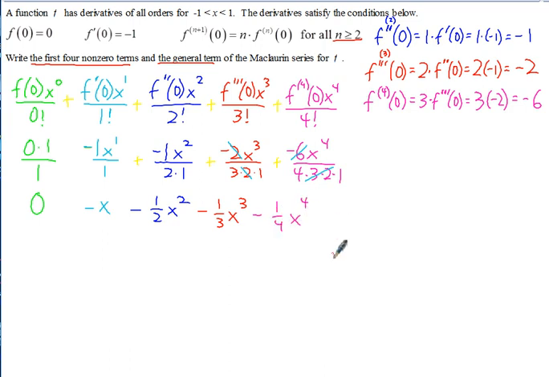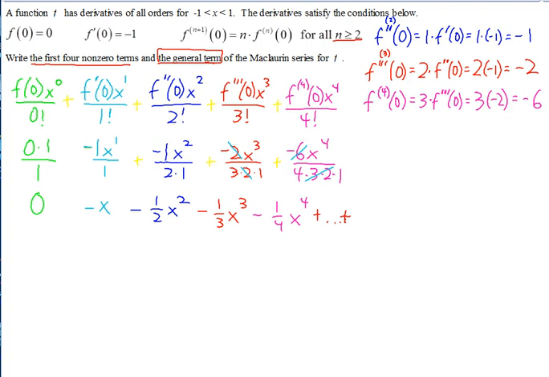x to the fourth. And now we want the general term. So the formula that's going to give us any term we want in this series. So plus dot dot dot plus, okay. And then to write the formula, well, let's start with the x part. So each time it's x to that power, the nth power.